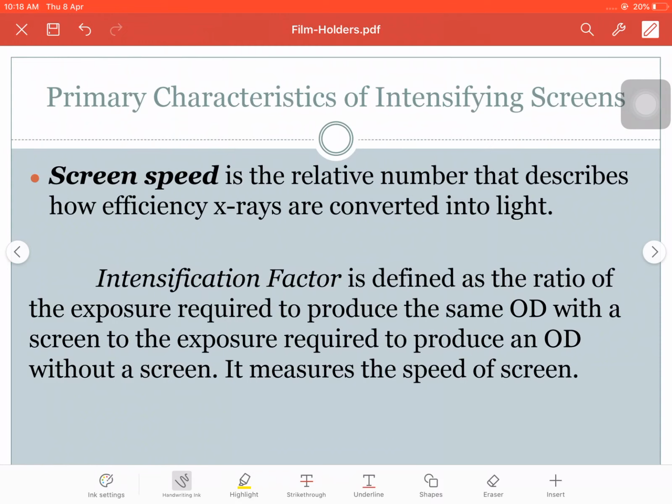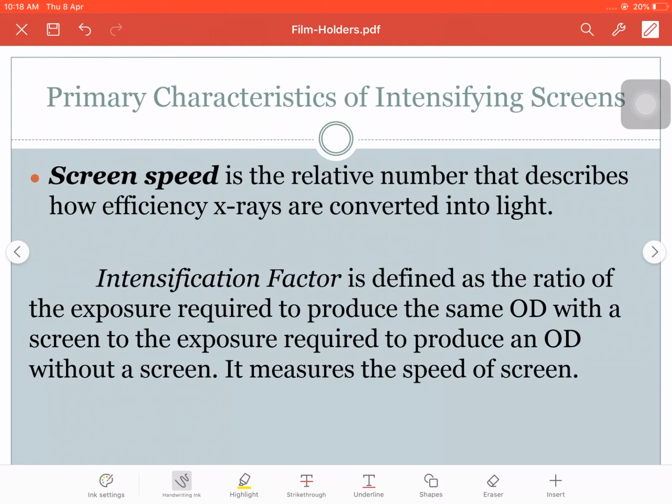Now let's proceed to the primary characteristics of intensifying screens. First is the screen speed, a relative number that describes how efficiently X-rays are converted into light. These are what we call slow speed, par speed, or especially the high speed screens.